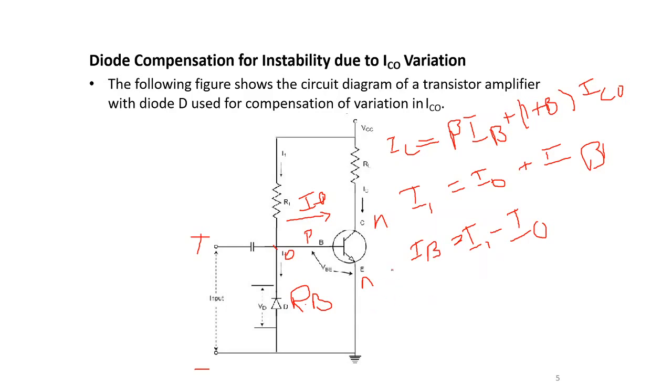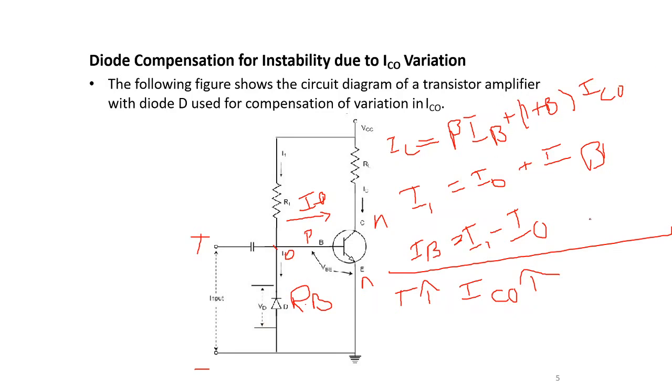So in the compensation analysis we are doing here, whenever the temperature increases, we already know that the ICO current is going to increase, right? The same amount of current will be compensated with respect to the diode current I0.